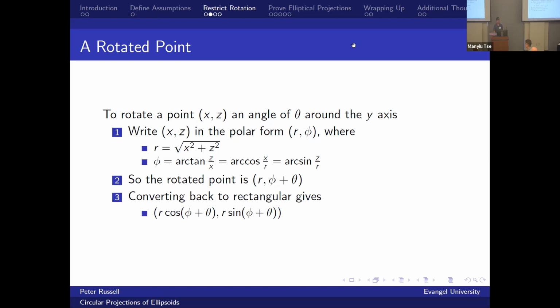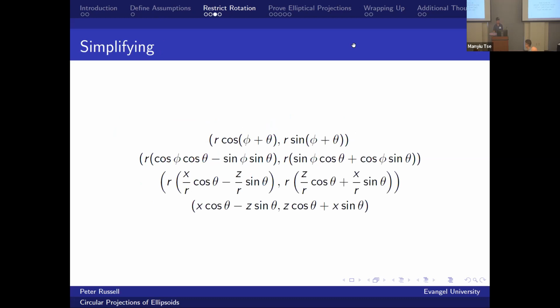And we can get our arms deep into some algebra, where we use our angle addition identities from trigonometry to expand this into r times the cosine of phi times the cosine of theta minus the sine of phi times the sine of theta, comma r times the sine of phi times the cosine of theta plus the cosine of phi times the sine of theta. Bit of a mouthful.